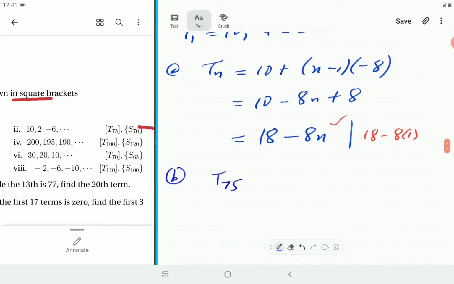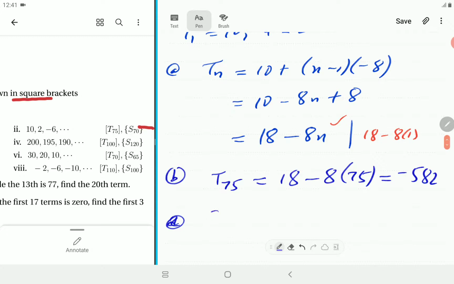So we're simply going to plug in 75 in the formula just derived. 18 minus 8 times 75. If we punch this in the calculator, it's going to give us minus 582. Then in part C, we want the sum of the first 70 terms.